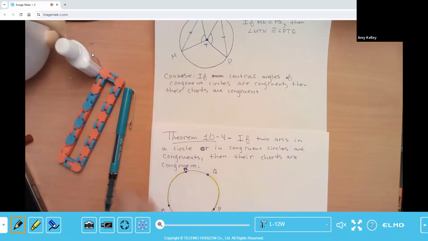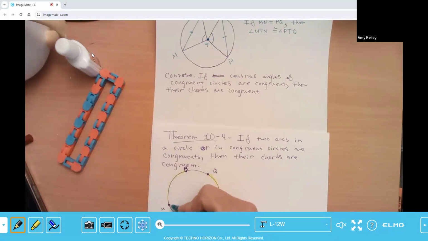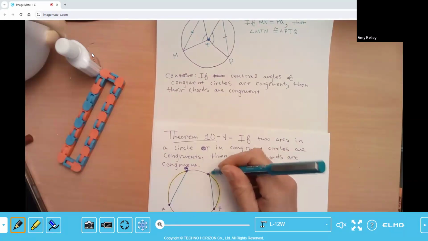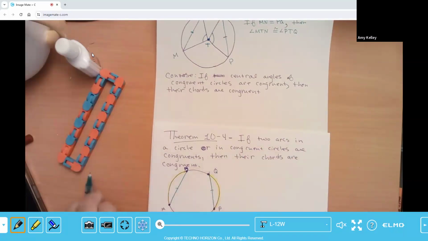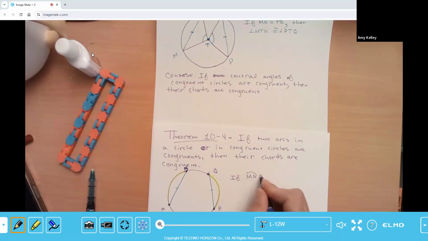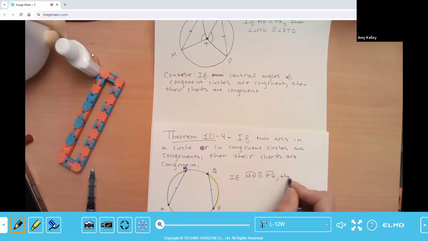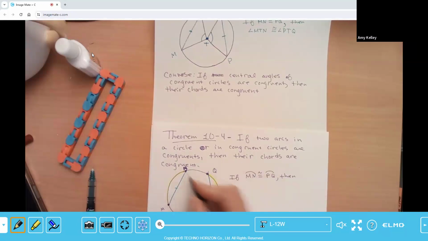If these arcs are congruent to each other, then their corresponding chords will also be congruent. So if arc MN is congruent to arc PQ, then segment MN is congruent to segment PQ.